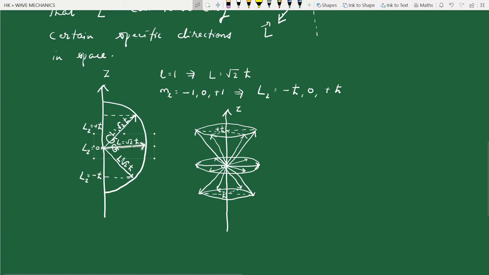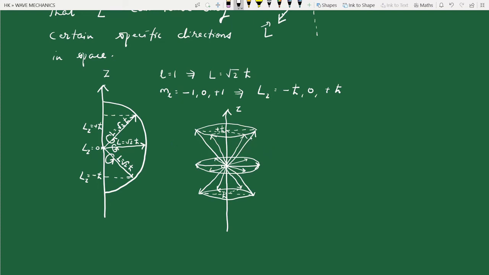For this horizontal direction, we can consider this orbit, and for the direction corresponding to minus h cross, the orbit will be something like this. So in this way, you can visualize an orbit perpendicular to the direction of the orbital angular momentum vector.